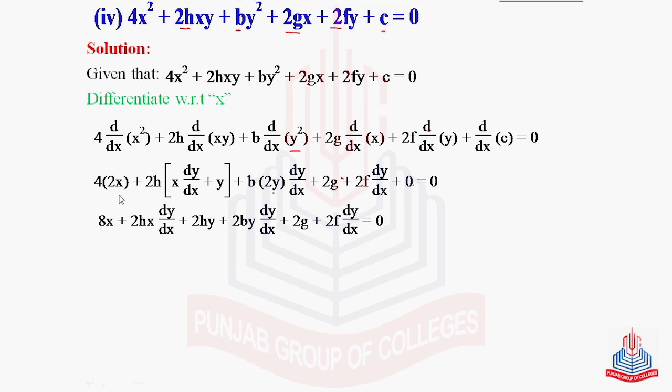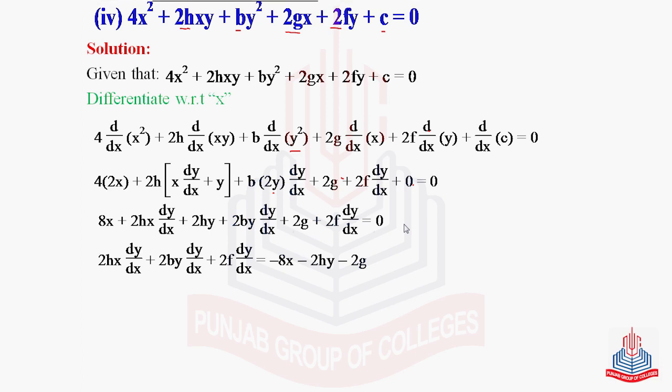So that is 8x plus multiplying 2h to these two terms, 2hx dy by dx, and 2h will be multiplied by y, that is 2hy, and 2by dy by dx plus 2g as it is and 2f dy by dx again as it is equal to 0.